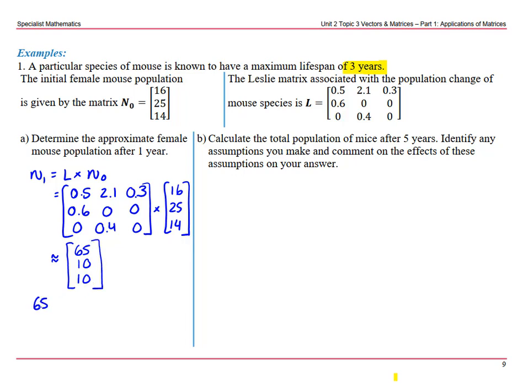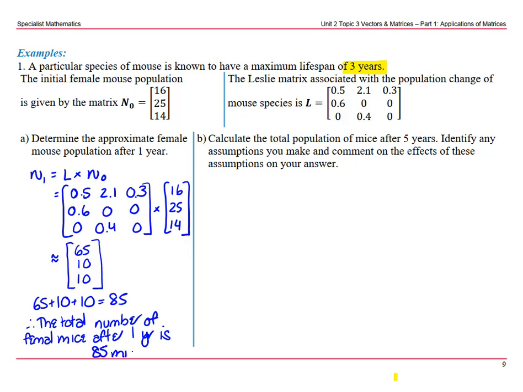So 65 plus 10 plus 10 is 85. So therefore, the total number of female mice after 1 year, as it did only ask for female, is 85 mice.